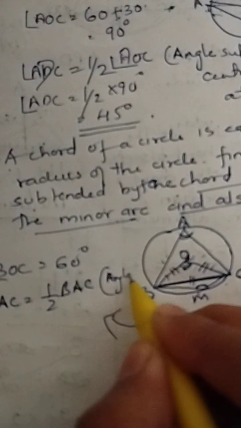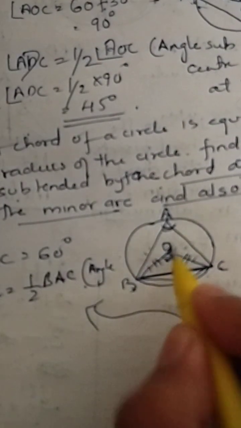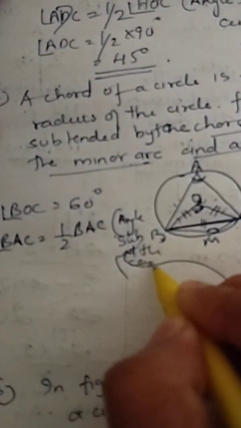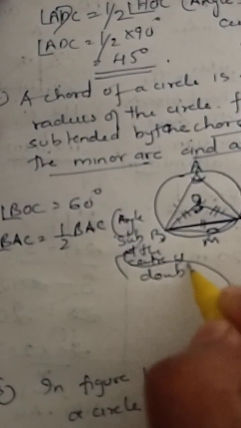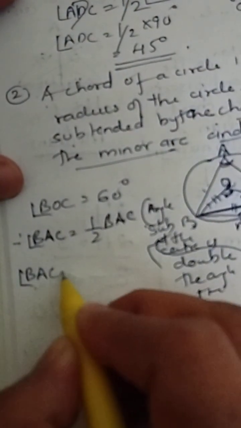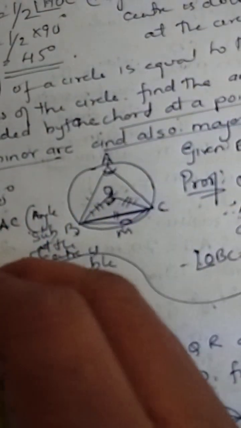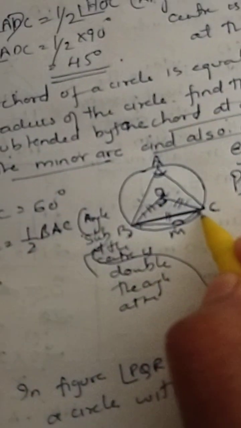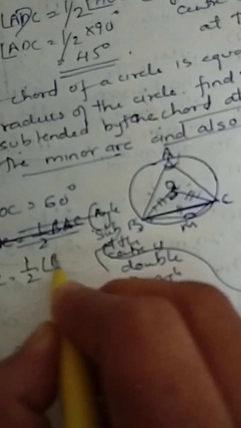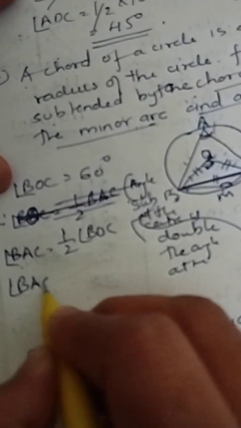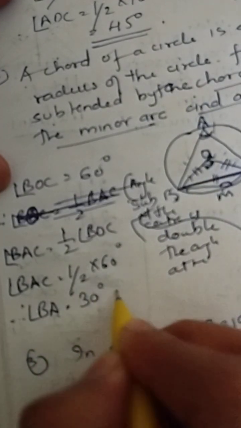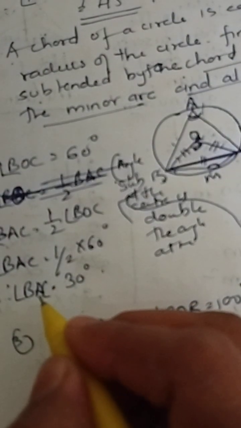That is, the angle subtended at the center is double the angle at the circumference. So angle BAC is half of 60 degrees. Therefore, angle BAC is equal to how many degrees? 30 degrees. BAC is equal to 30 degrees.